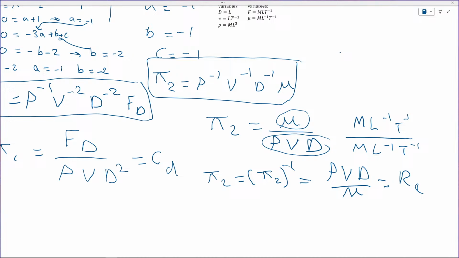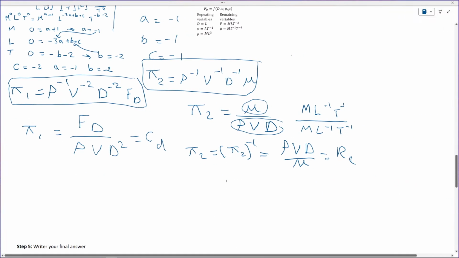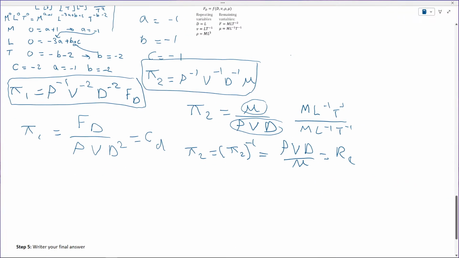So wow, I have something very nice right now, because my pi 1 is the drag coefficient and my pi 2 is the Reynolds number. Now I can write my final answer.